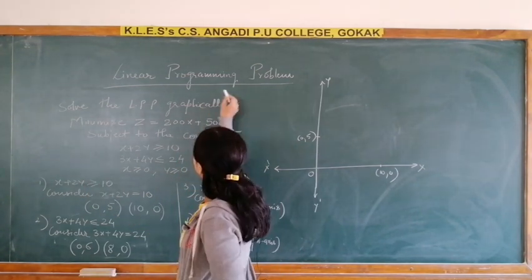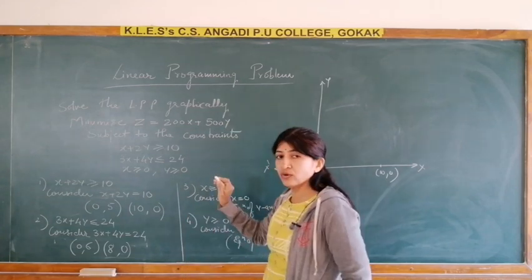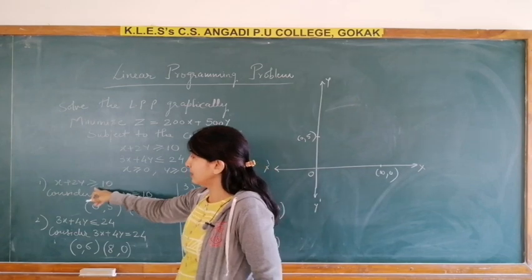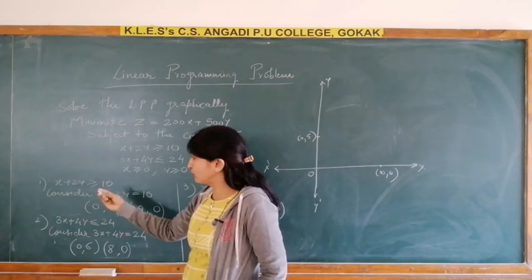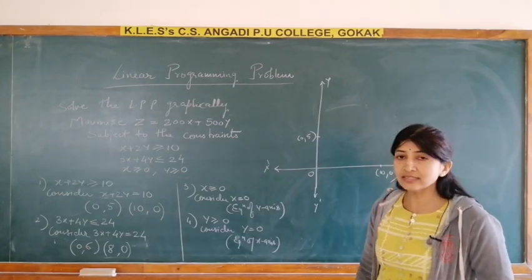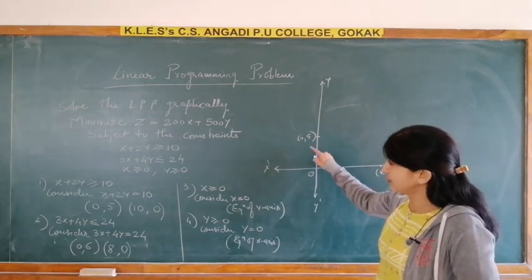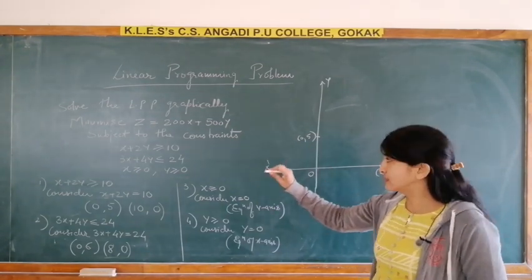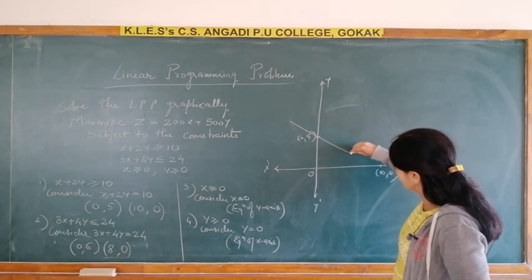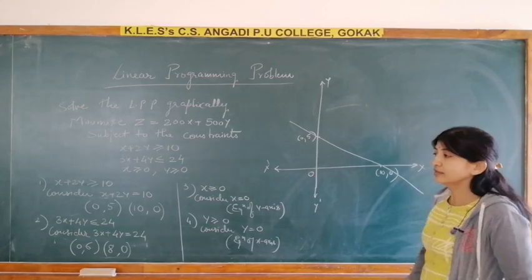When it is only less than or only greater than, it is called strict inequality. But here it is greater than or equal to or less than or equal to. When you get both these signs, then that is called a slack inequality. So whenever the slack inequality is there, you have to join these 2 points by a dark line. So this is the line.